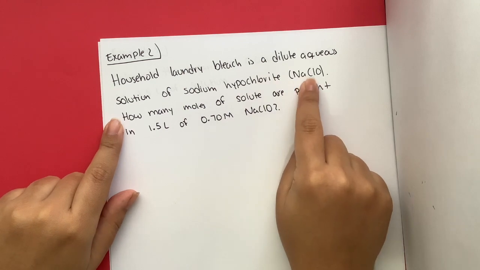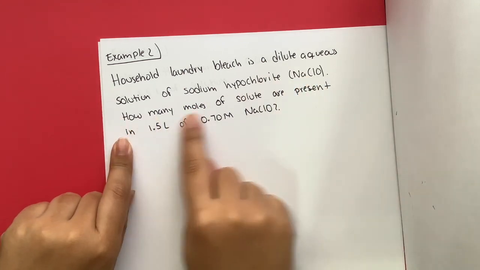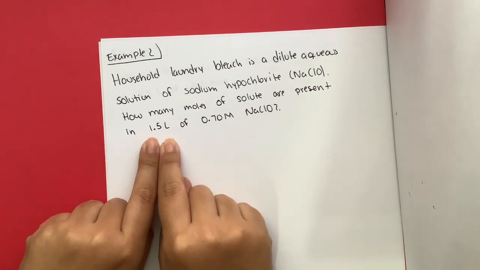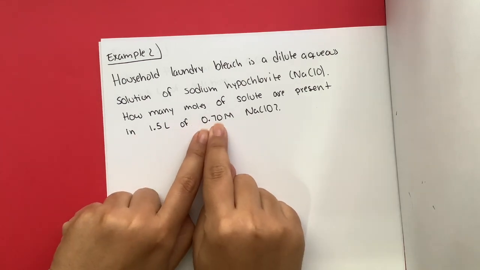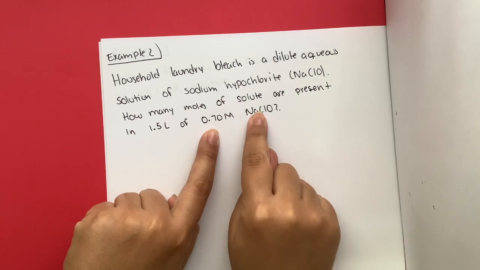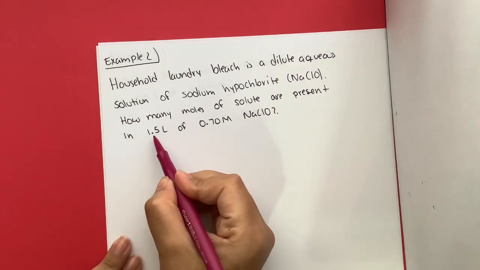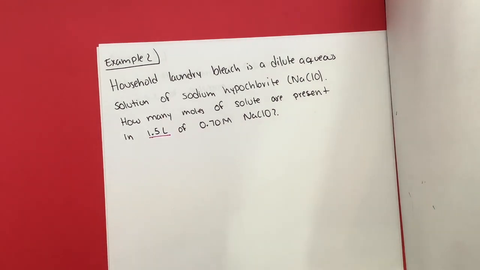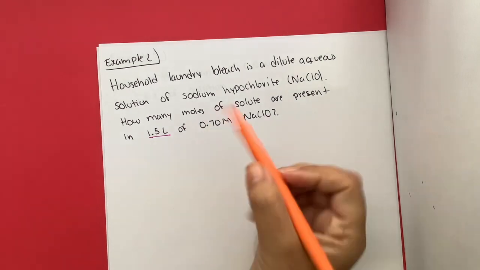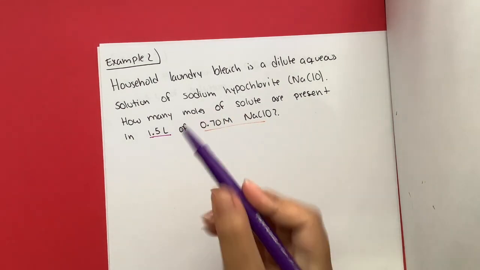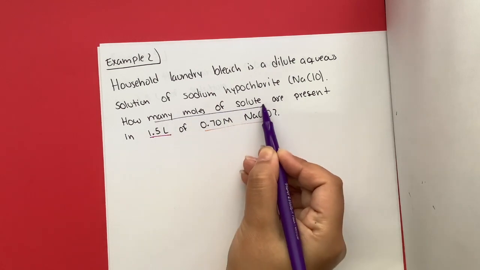which is NaClO. How many moles of solute are present in 1.5 liters of 0.70 molar NaClO? Okay, so now in this question, they are giving us the liters. They are giving us the molarity, and what they're asking us for is how many moles of solute.